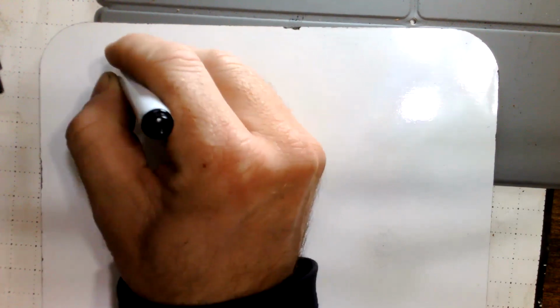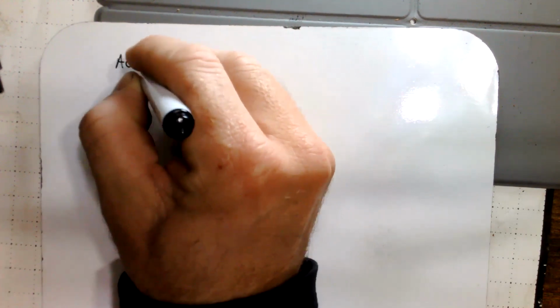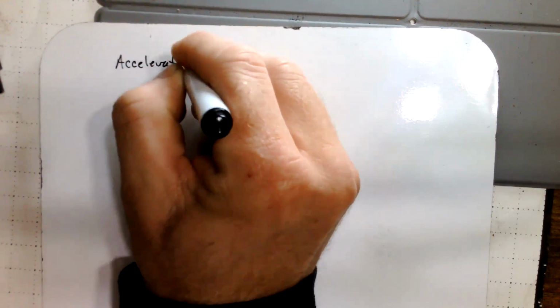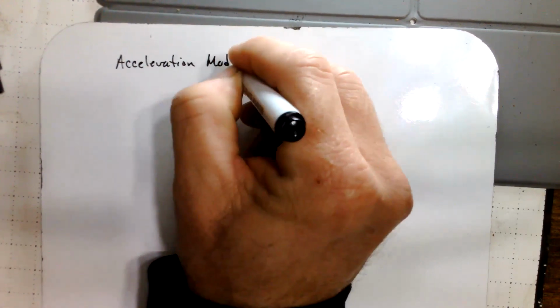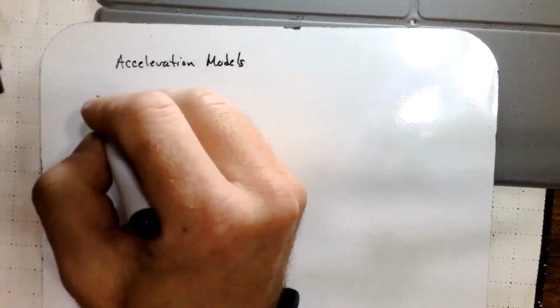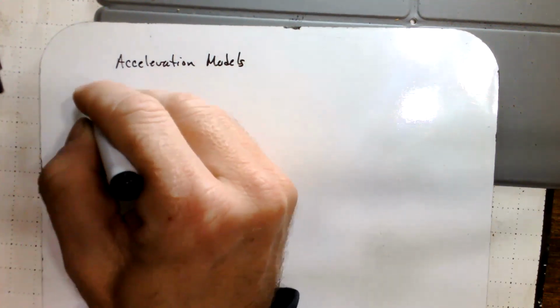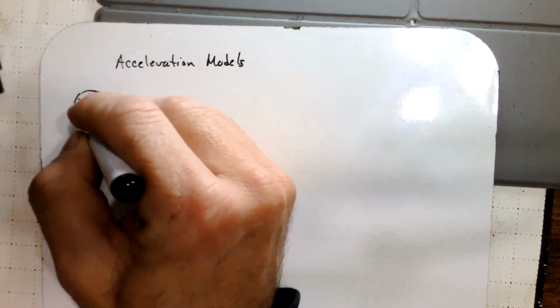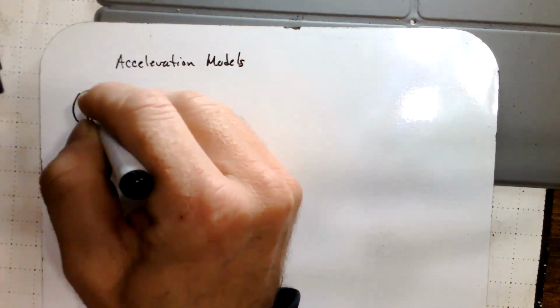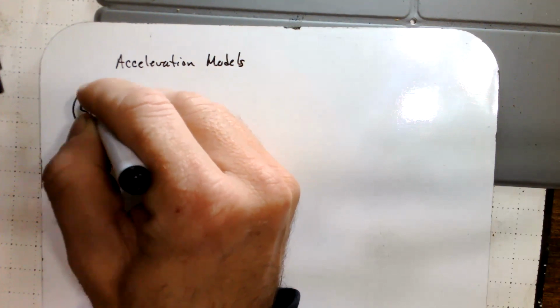All right, so first of all, under the acceleration models, we're going to get our first start on an idea around this. This is our globe, and this is the radius of Earth.